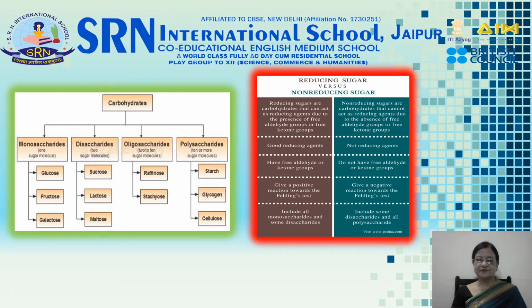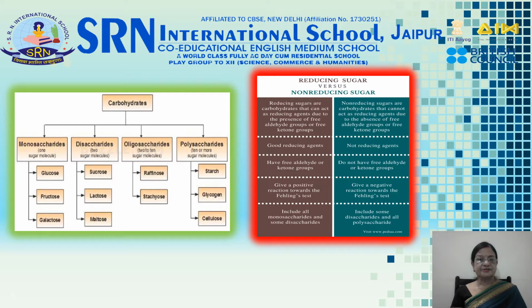Carbohydrates are classified on the basis of their behavior on hydrolysis. They are monosaccharides, disaccharides, oligosaccharides, and polysaccharides. Monosaccharides are those carbohydrates which cannot be hydrolyzed further into simpler units of polyhydroxyaldehydes or ketones, for example glucose, fructose, and galactose.